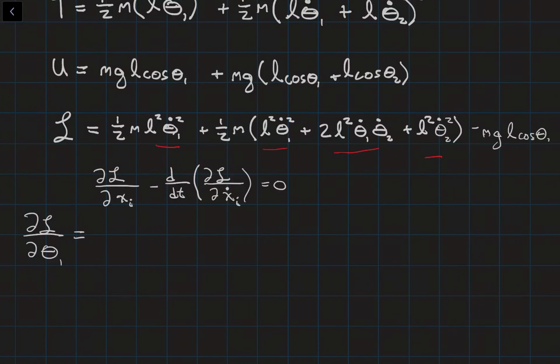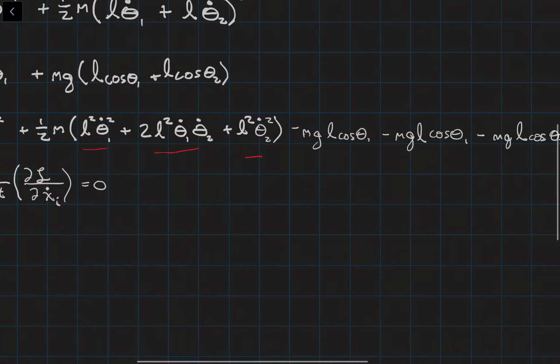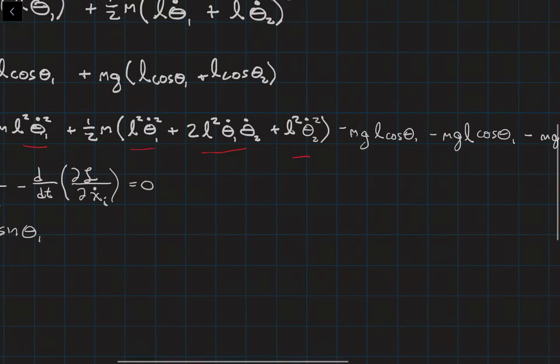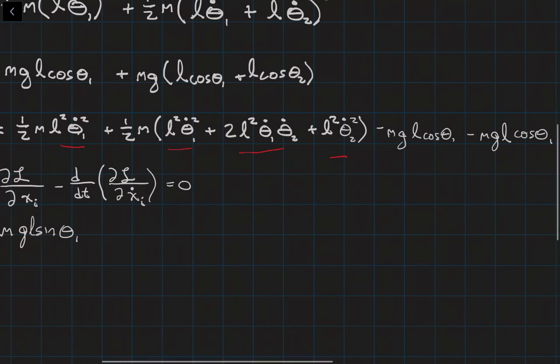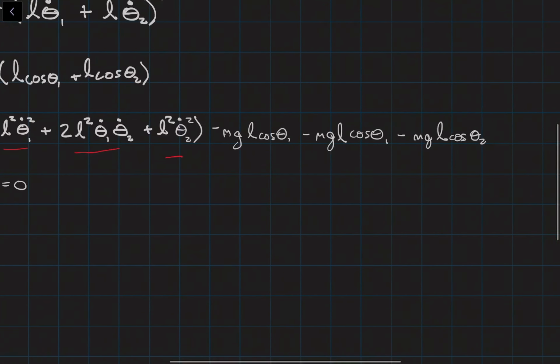The derivative of cosine theta is minus the sine theta. So we have, let me change color, mg sine theta 1, and we need an L. Here's another one of those, so that's just going to be 2. And that's it for that part.